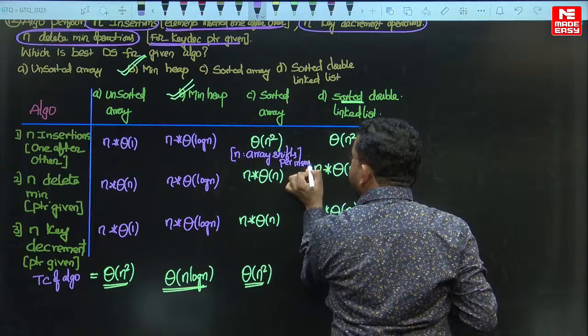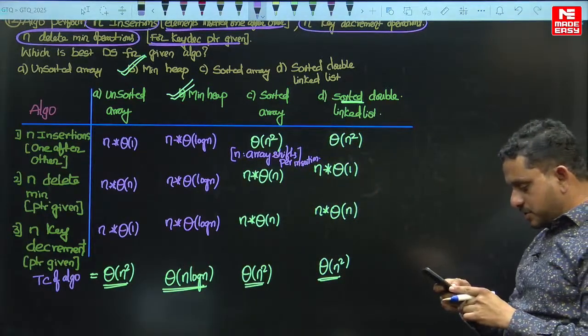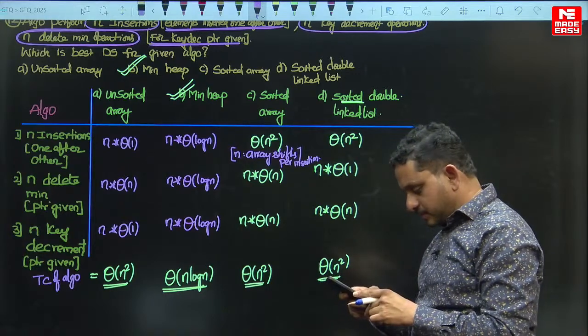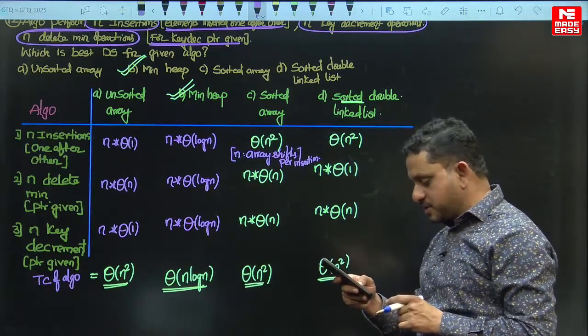That's why overall it becomes order of n square time. Comparisons reduce if you go for binary search, but array shifts are not reduced.